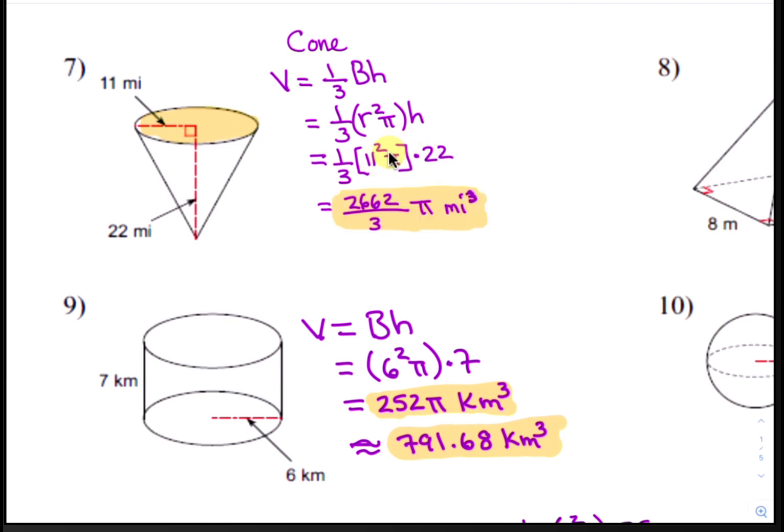If you multiply everything except for the pi, that is 22 times 11 squared times the 1, you're going to get 2662, and then that'll be over 3. So it's 2662 thirds times pi. If you want to include pi in your calculation, then you have 2787.64 cubic miles.